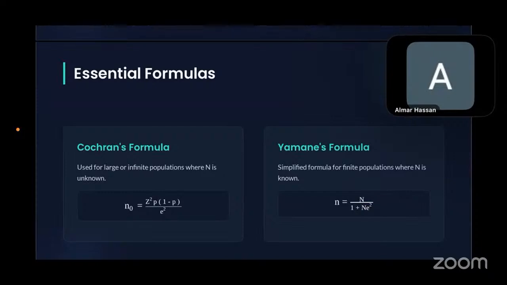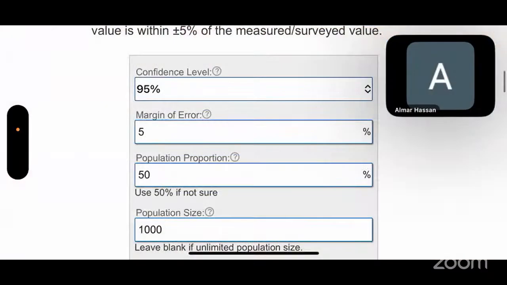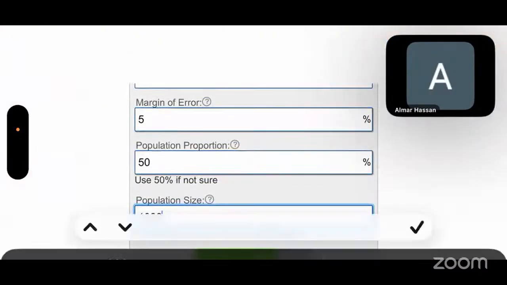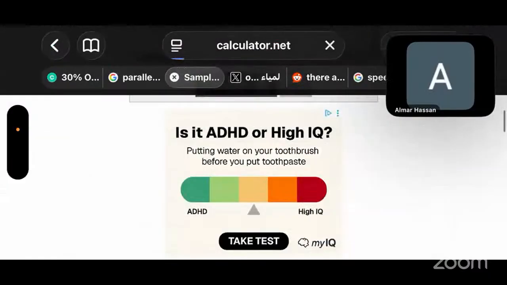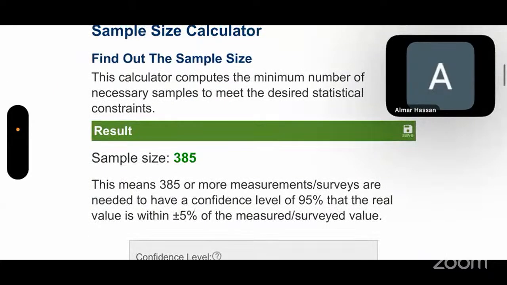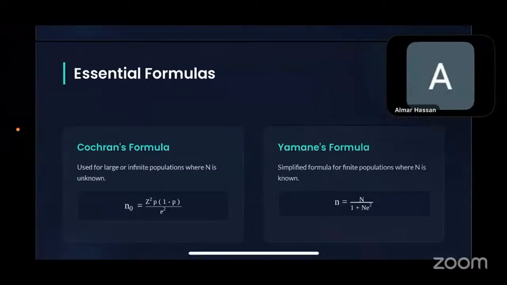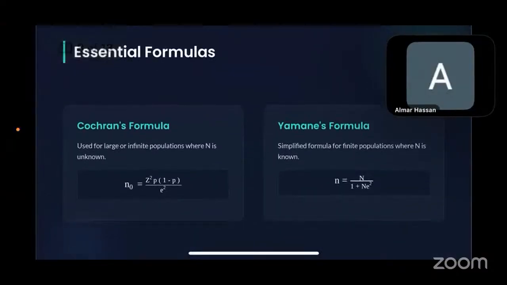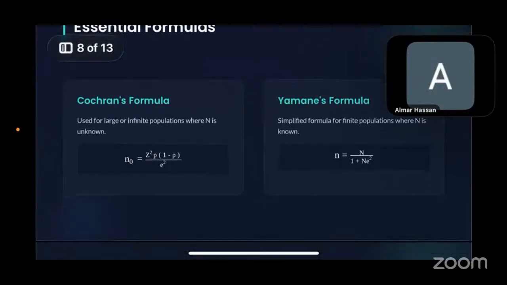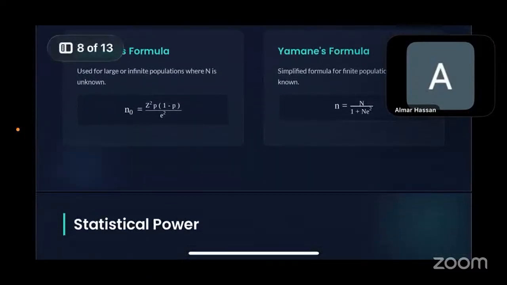So you can usually just use Cochran or this sample size calculator, which, as I mentioned, you can just leave blank if you don't have a particular population, and then it will give you the exact same number. So you also have Yamane, just to reiterate the information. Yamane is when you have a finite population where you already know the number.